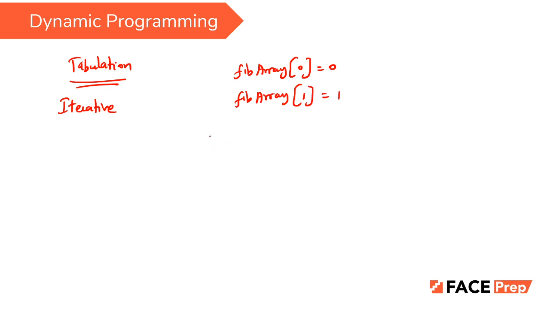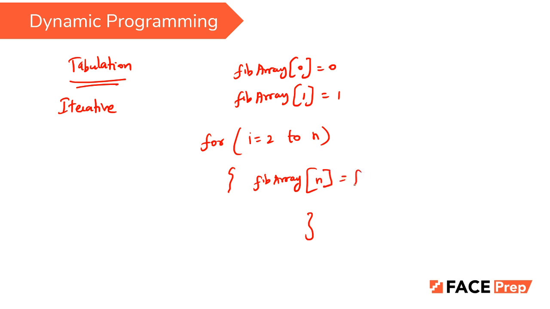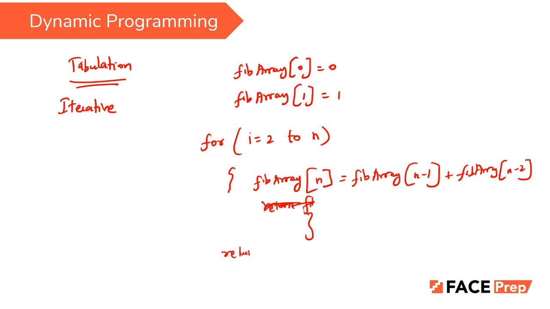Then I am going to initiate a for loop: for i equal to 2 to n, fib array of n is equal to fib array of n minus 1 plus fib array of n minus 2. Outside of this I am going to return fib array of n. So this is the iterative way of solving this, right?